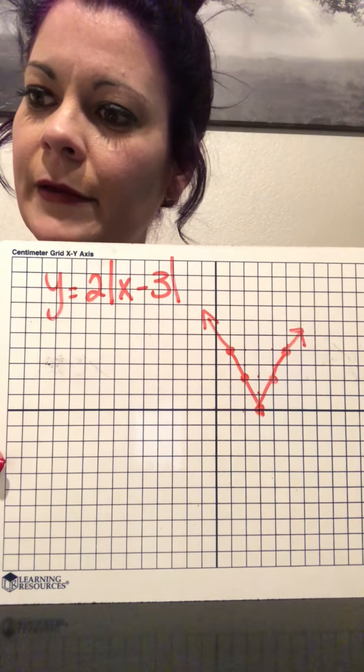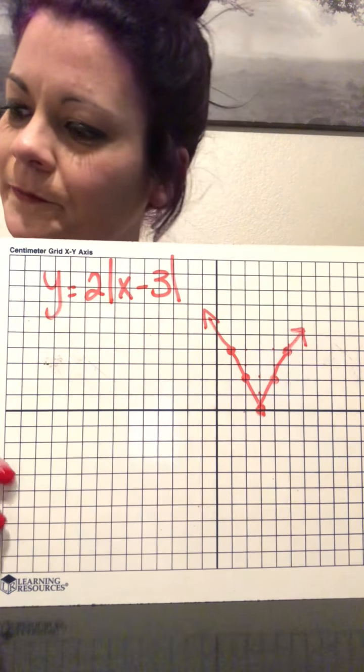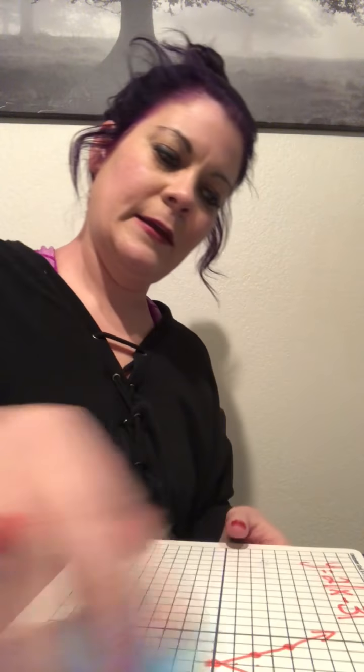Okay, so that's that. Now, another thing: when you're adding or subtracting outside of the absolute value, this actually does a vertical shift. It goes up or down.